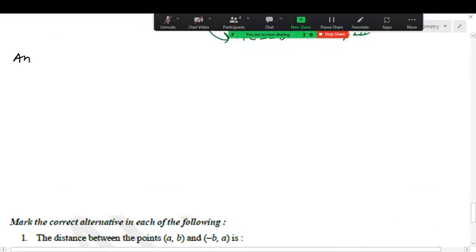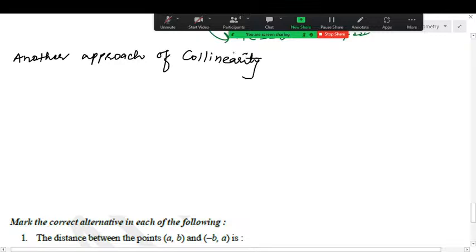Another approach to collinearity is based on the area of a triangle. Can you tell me, if 3 points are not forming a triangle and they are collinear, what should be their area?